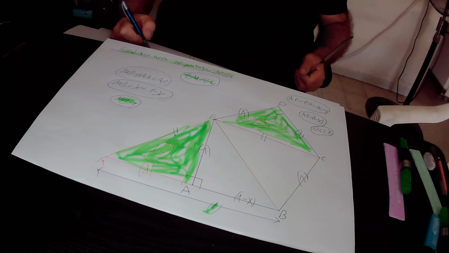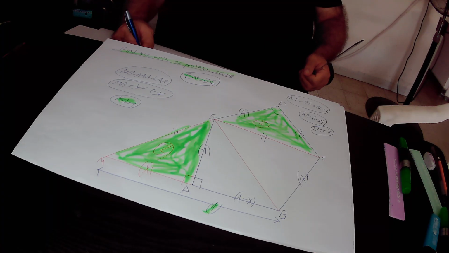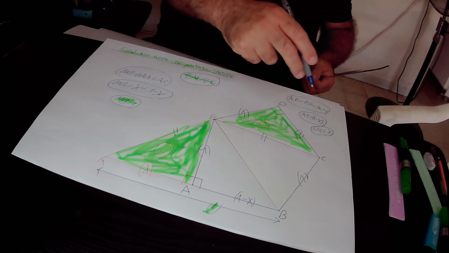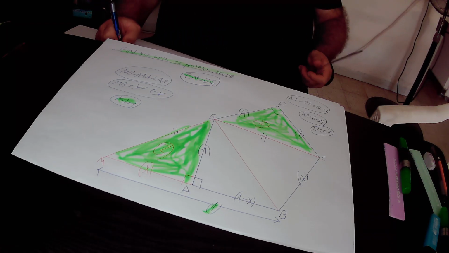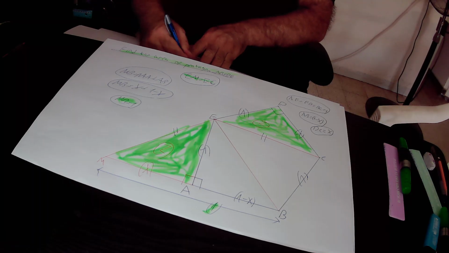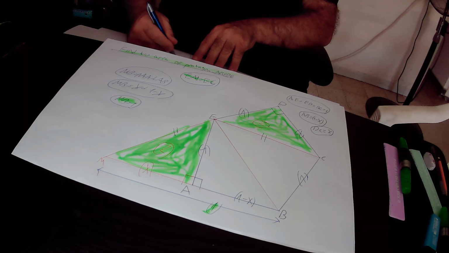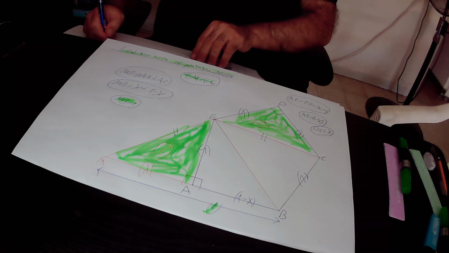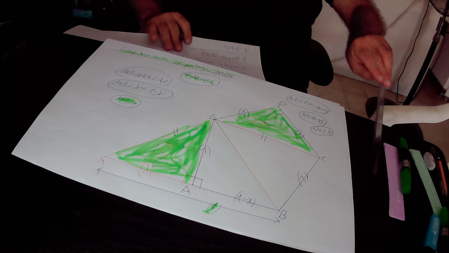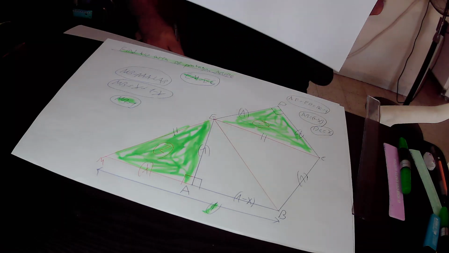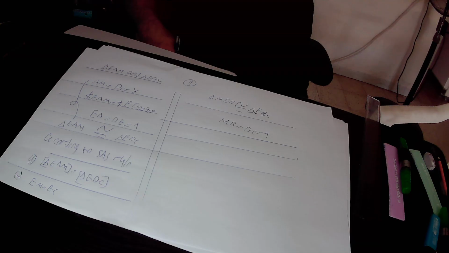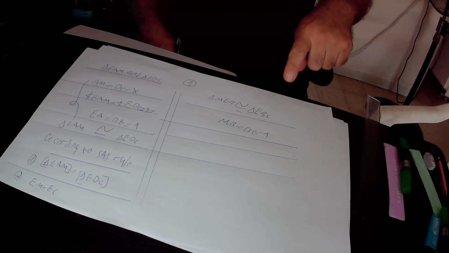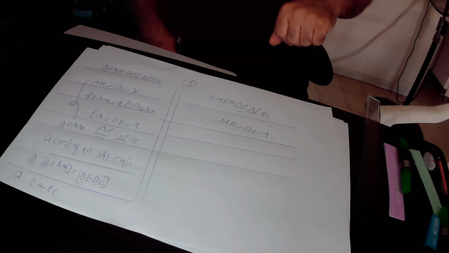So side MB in triangle MEB is equal to side BC in triangle EBC. Again, side MB in triangle MEB is equal to side BC in triangle EBC. They are both equal to 1 and therefore they are equal to each other.